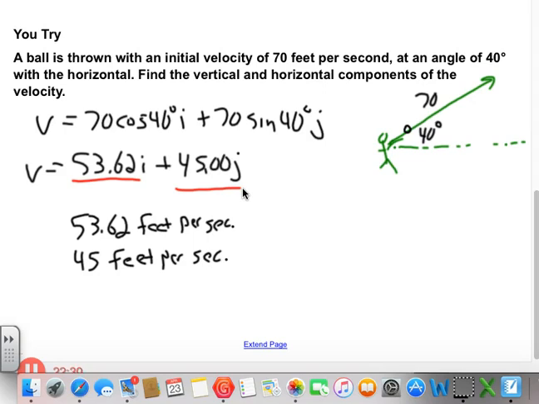What this means is that the ball, while it's traveling along whatever path it's on, is going 53.62 feet per second along the ground, not its overall speed through the air, but the speed along the ground, and it's traveling 45 feet per second upward. So that's what those mean. Of course, that's going to change as it loses its momentum, but those are the initial vertical and horizontal velocities of the ball.